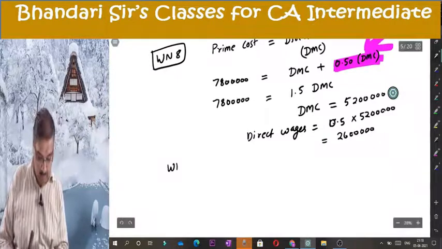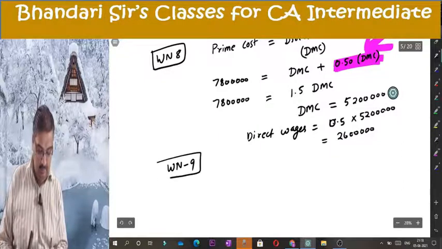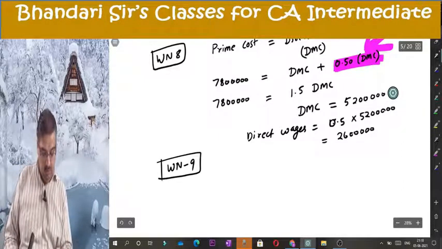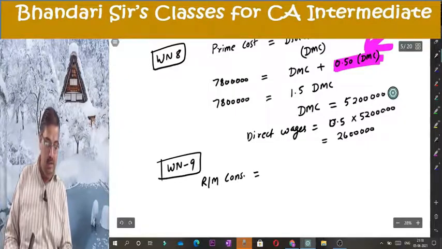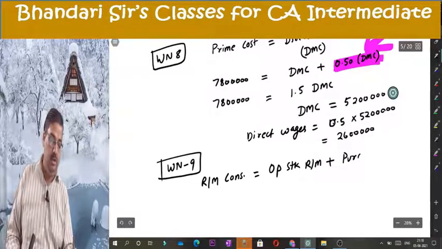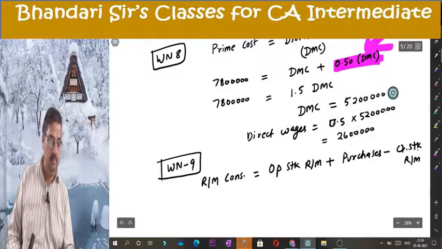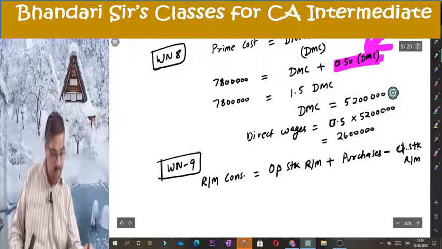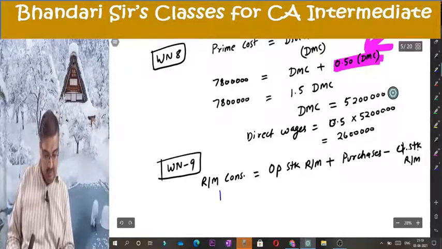Working note 9. Raw material consumed is equal to opening stock of raw material plus purchases minus closing stock of raw material. This is 52 lakh.